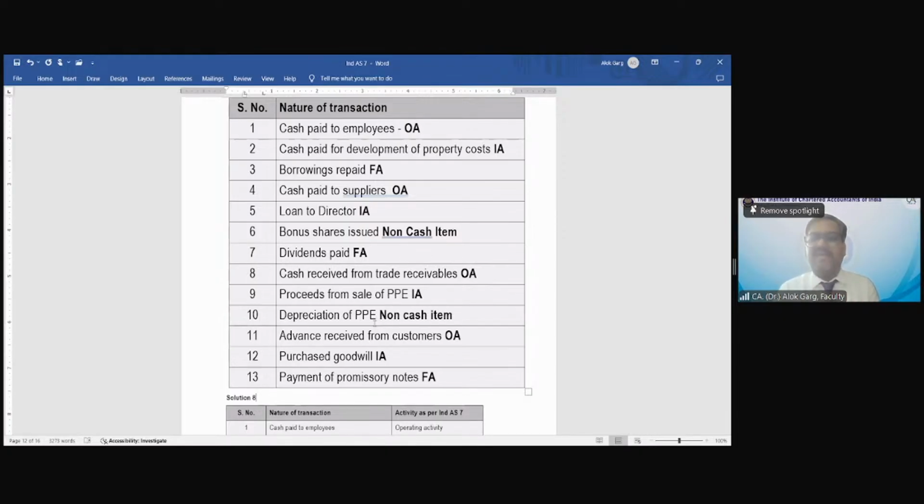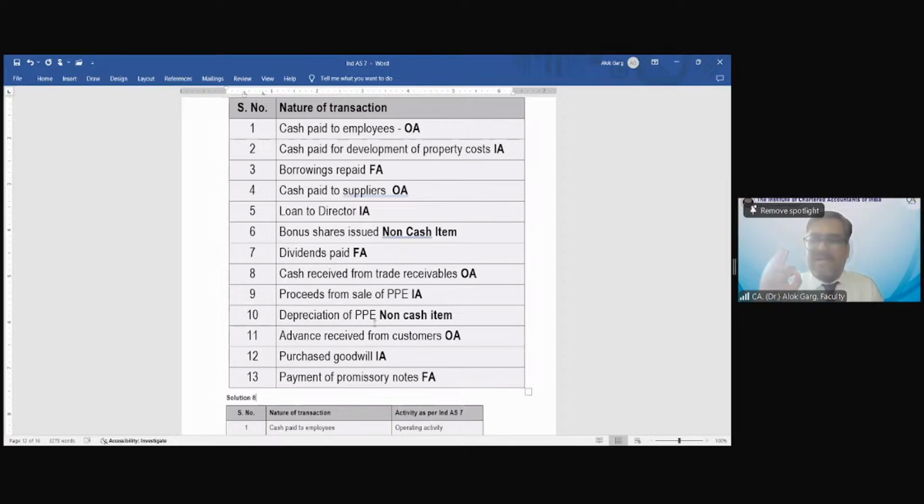Ind AS says only bank overdraft. What does that mean? When your current account balance is overrunning. So you have a current account with the bank, you took a bank overdraft facility, you have 10,000 rupees in your bank account, but you have issued a check of 15,000 rupees. Bank will pass that check, and your account is overdrawn by 5,000.